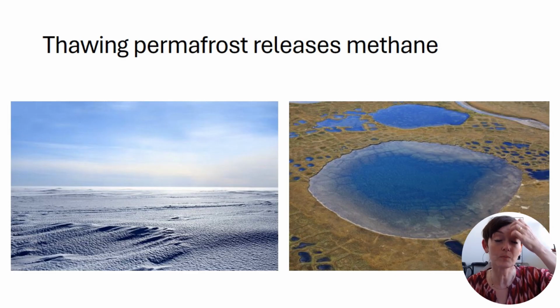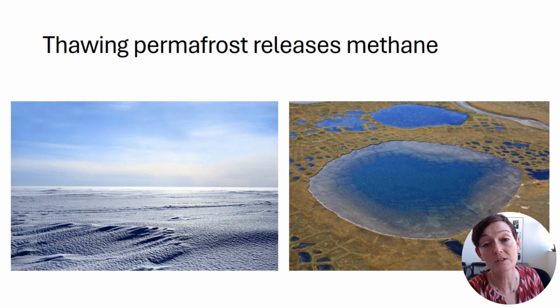So one of the primary places that this is already happening is at the North Pole in the form of the thawing of permafrost. So you'll remember from the last video, I showed you that the temperatures are warming up at the ice caps and along the North Pole much faster than they are anywhere else on the planet.